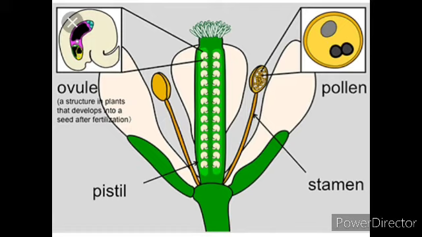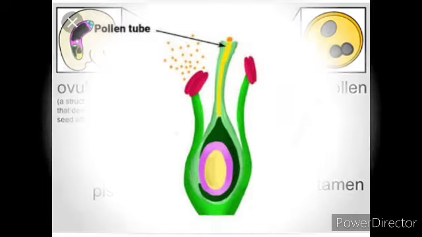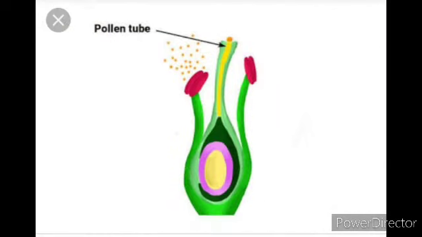Fertilization is the fusion of the male cell with the female cell to produce a zygote. The male cell is the germ cell and the female cell is the egg. After reaching the stigma of the flower, the pollen grain absorbs moisture from the stigma surface and begins to grow a tube.